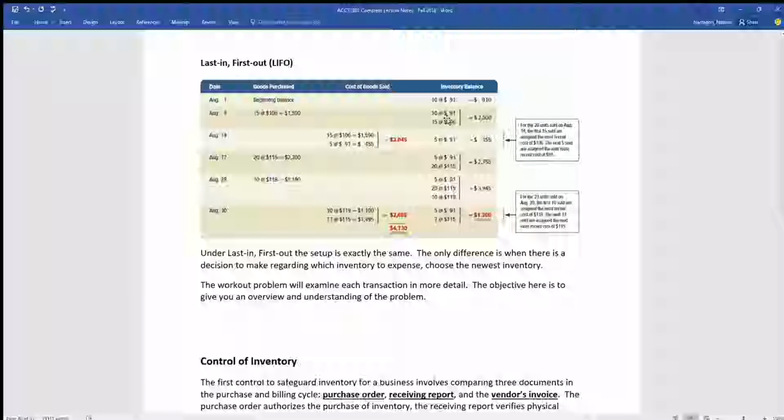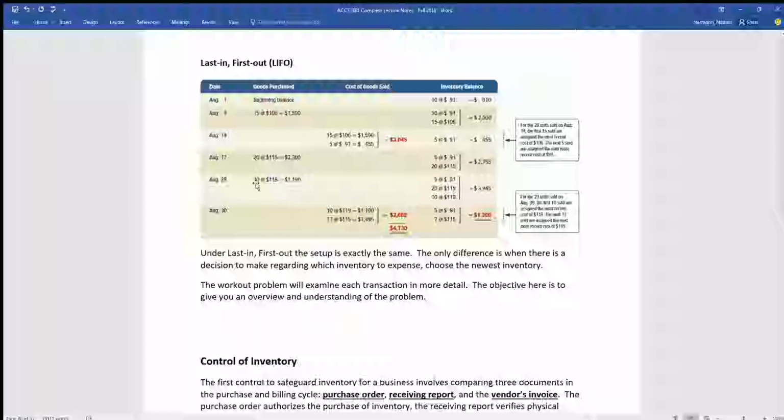So 10 at 91, we take 5 at 91, 455, there's our 20 units, there's our cost, and now our cost is 2,045. Here, again, you see it, we have 5 left at 91. So right now our inventory is 455.